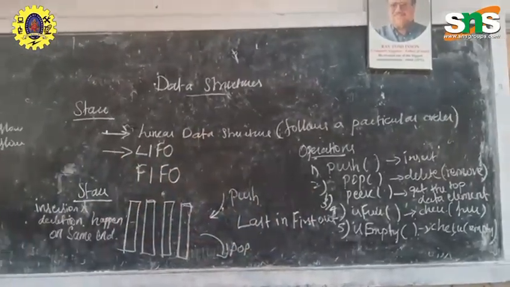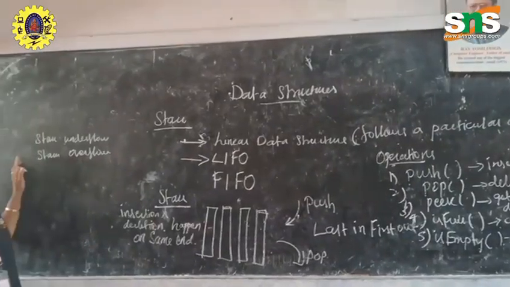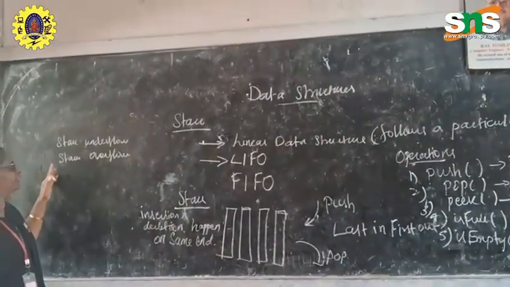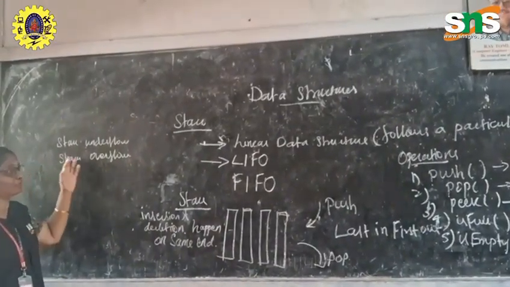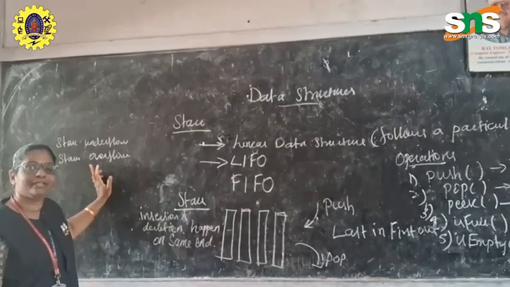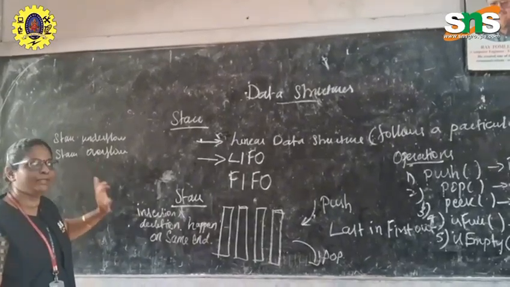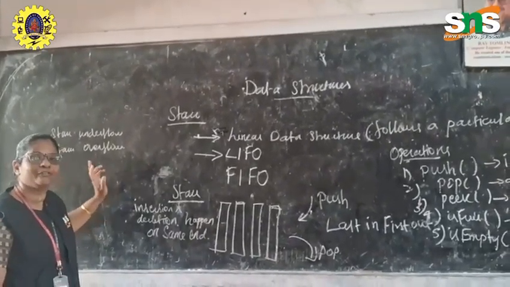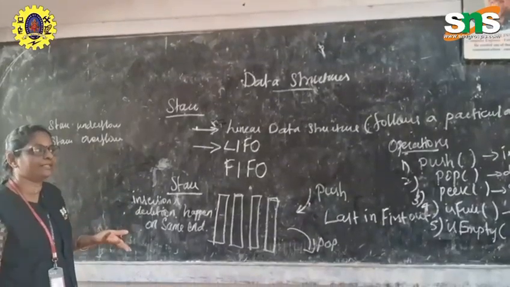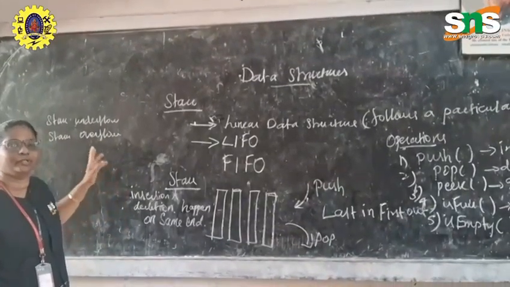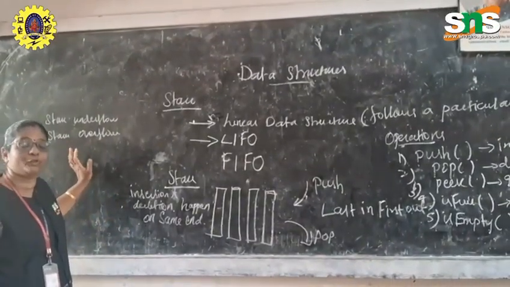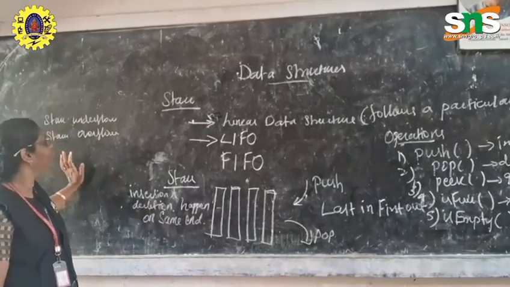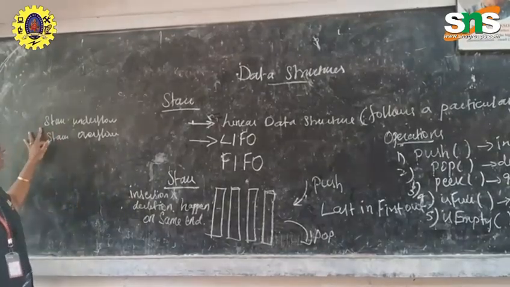Another thing we have to know is the main keywords, stack underflow and stack overflow. Stack underflow is when we check whether an element is present. If no element is present in a stack and you have an instruction to delete, it cannot happen because no elements are present in that stack. That's the stack underflow concept.